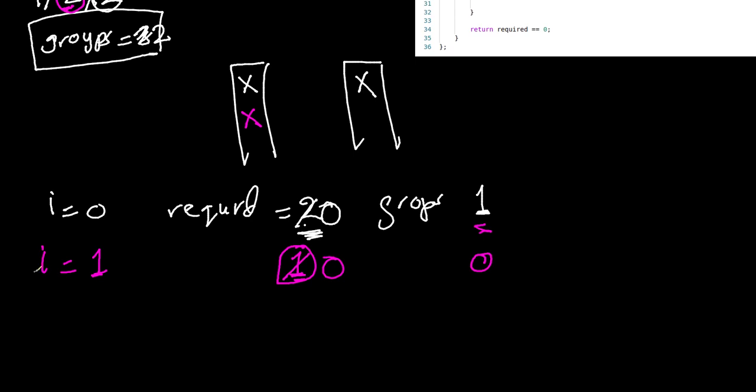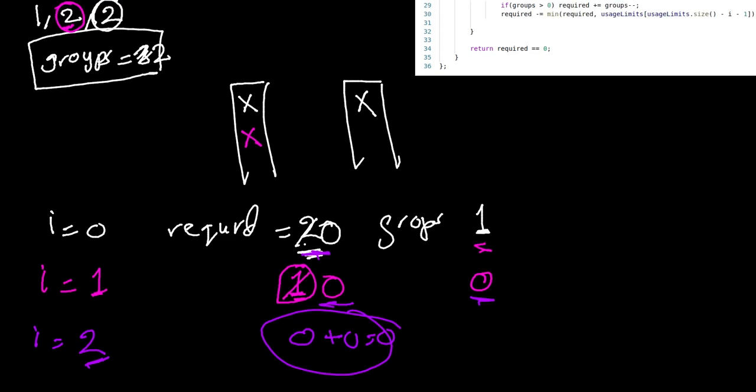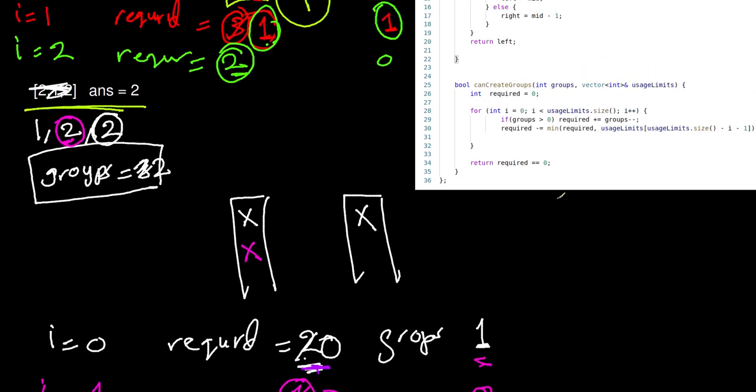Now I equal 2, required is 0 plus 0, which is 0, and so we don't need any elements in this iteration, and so required is 0, and we return true.